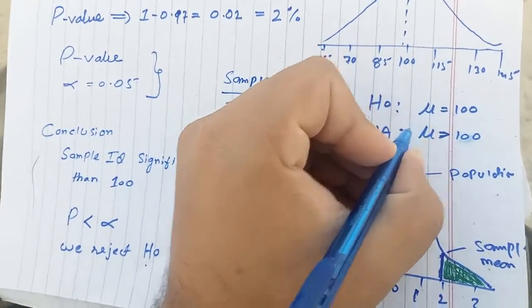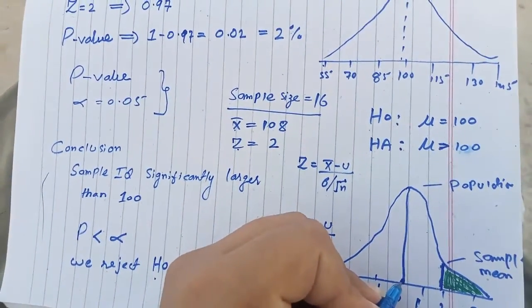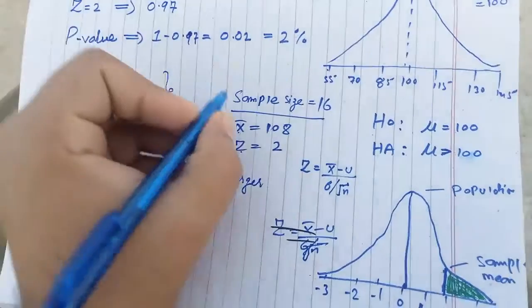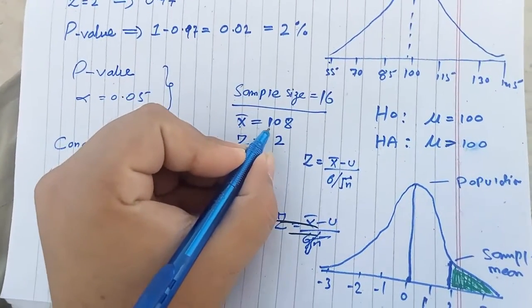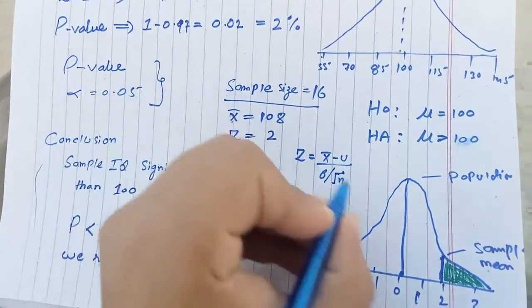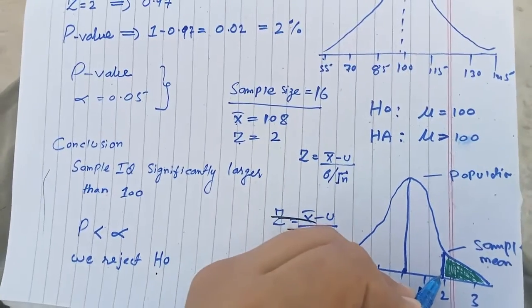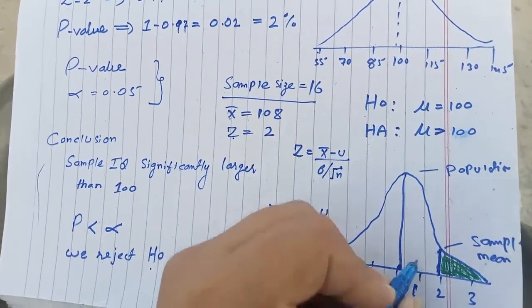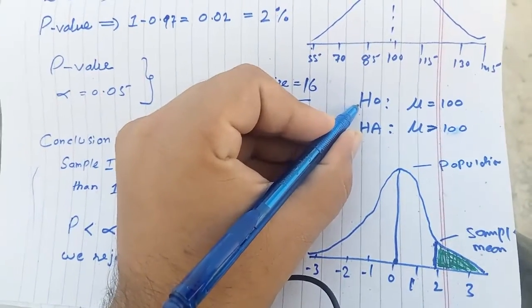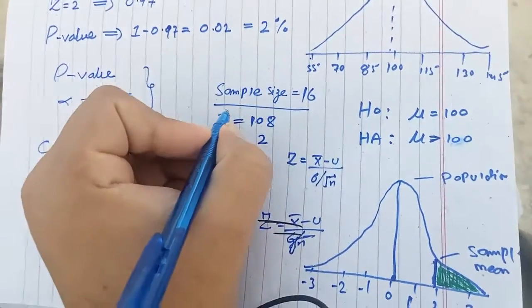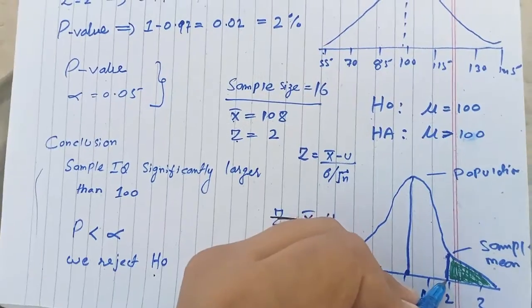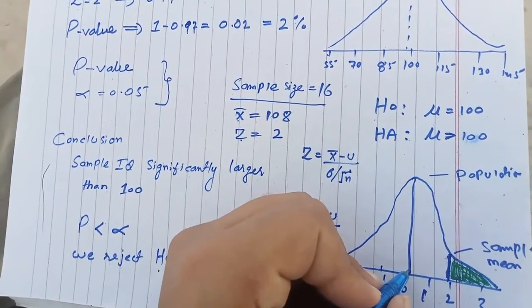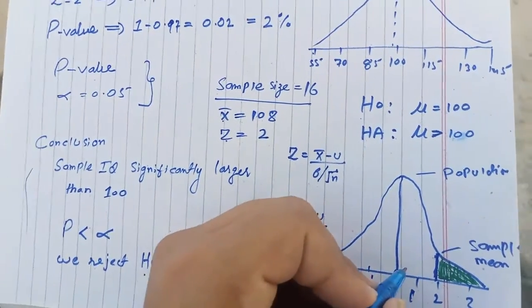The sample we took has a mean of 108, which is 2 standard deviations away from the null hypothesis, and it is far.